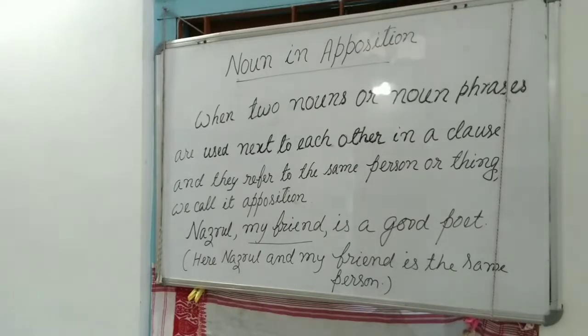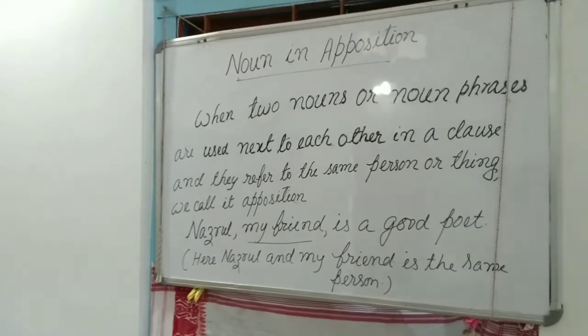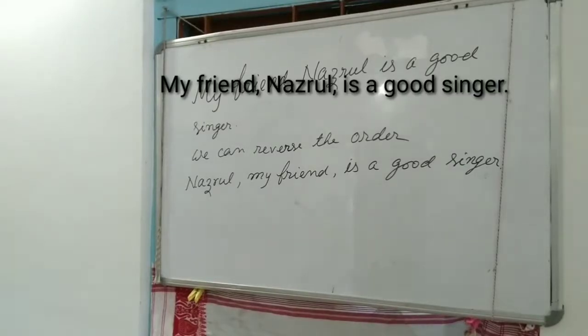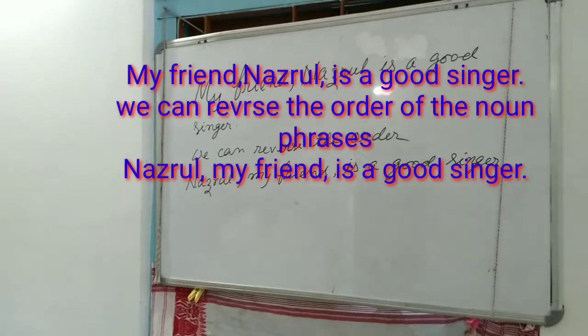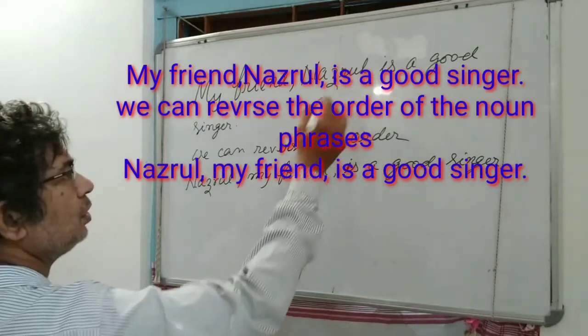Nazrul, my friend, is a good singer. We can also write it as my friend Nazrul is a good singer. We can reverse the order.